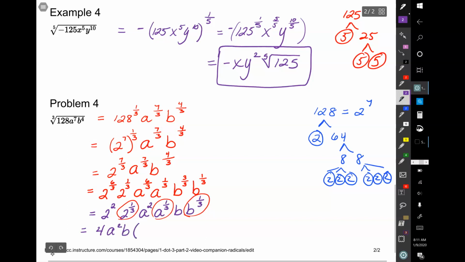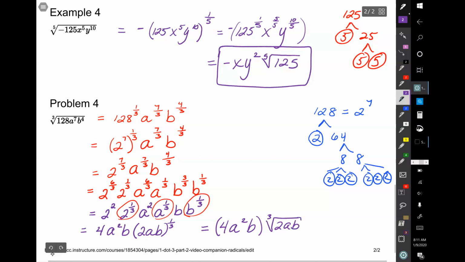Then parentheses, and I am left with 2 times a times b to the 1/3. Those are the things that were the leftovers. So now I want to write those as the cube root again. So I have 4a squared b times cube root of 2ab.